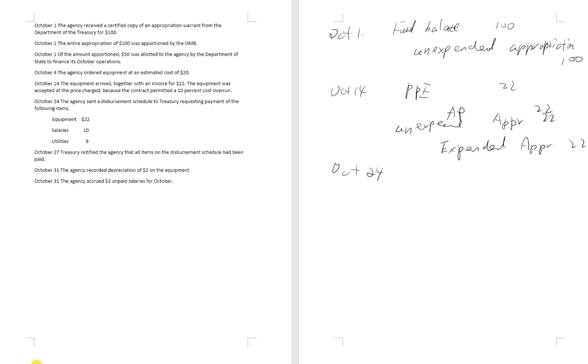So it's going to request the Treasury to pay 40. And meanwhile, we're going to record the debit side. The debit side, we're going to increase the $10 salary expense, right? And $8 utility expense. And those are program costs. So we debit program costs.